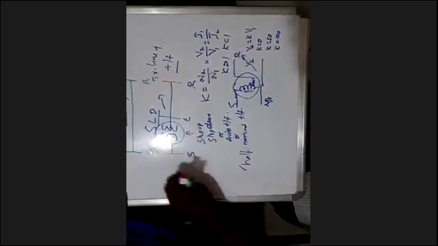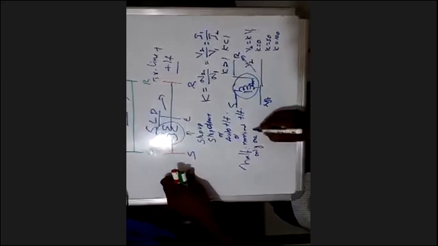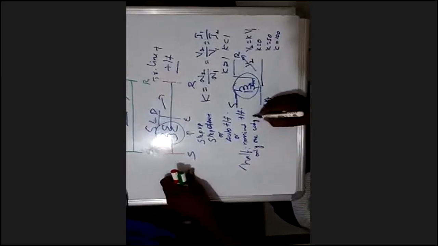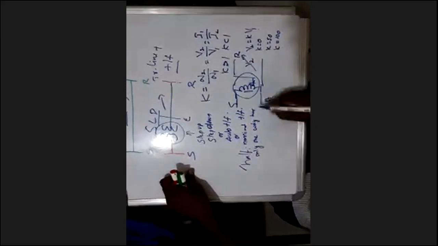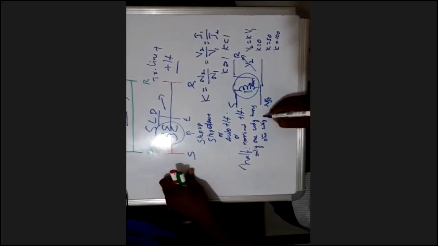Whereas half nominal turns ratio means only one winding will have turns and the other winding will have a single turn.